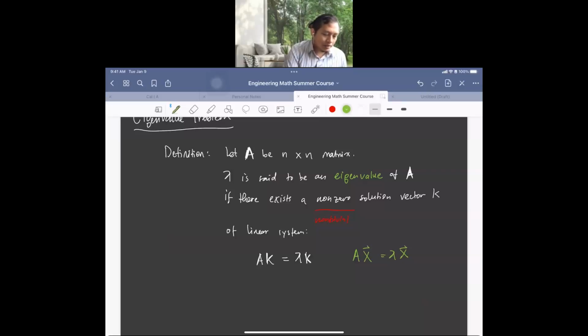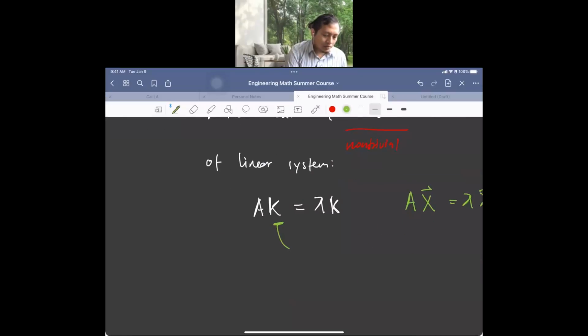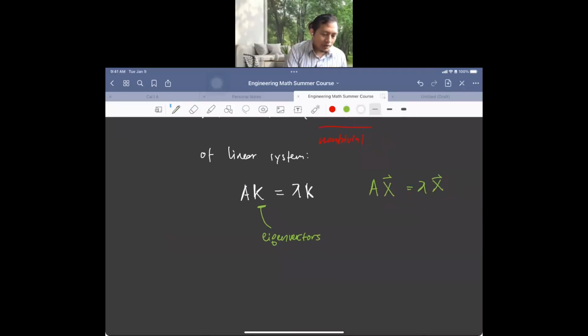Now this k, we call the eigenvector corresponding to the eigenvalue. So this is the eigenvalue, and that is the eigenvector. What does eigenvalue mean?